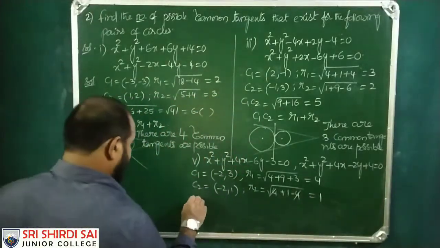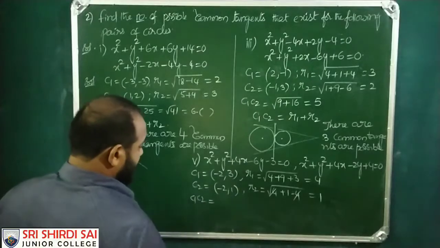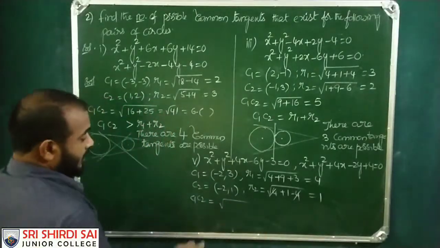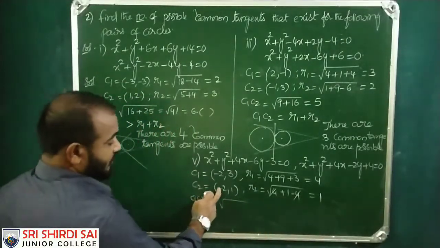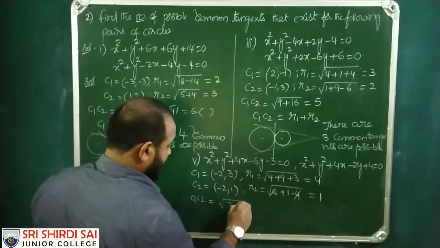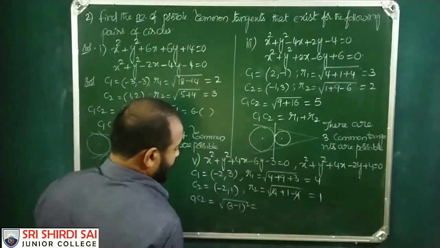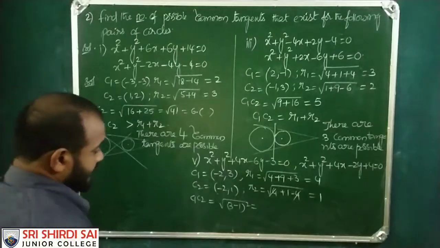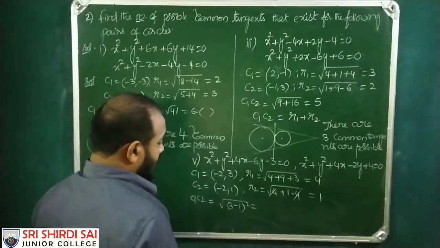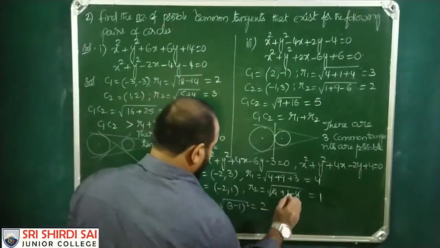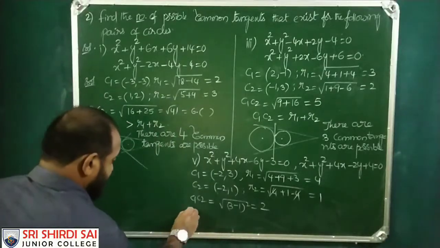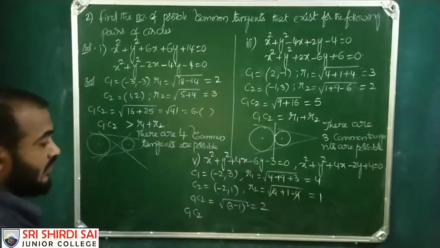So what is C1C2 now? C1C2 is the square root of (-2 + 2) whole square, 0, plus (3 - 1) whole square, which is root 4, which is 2.